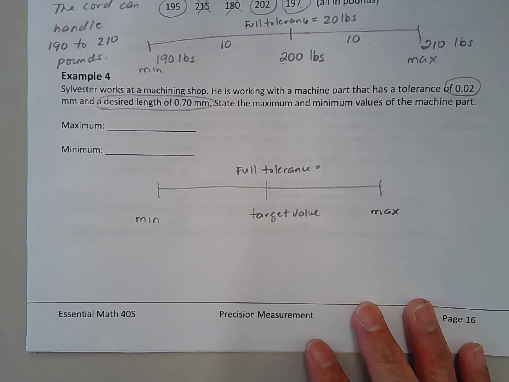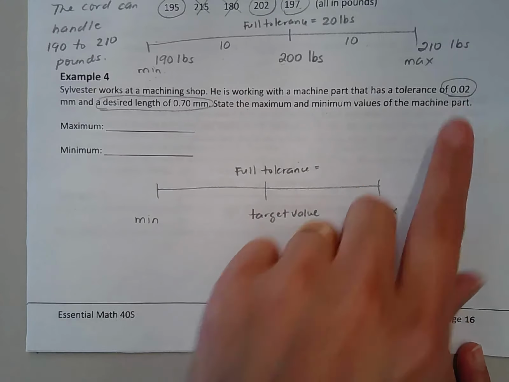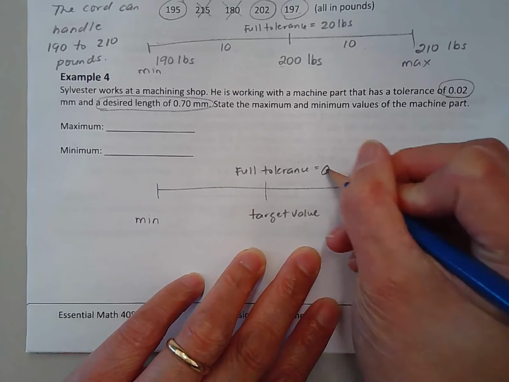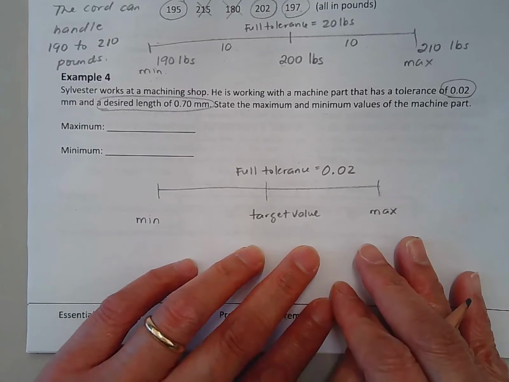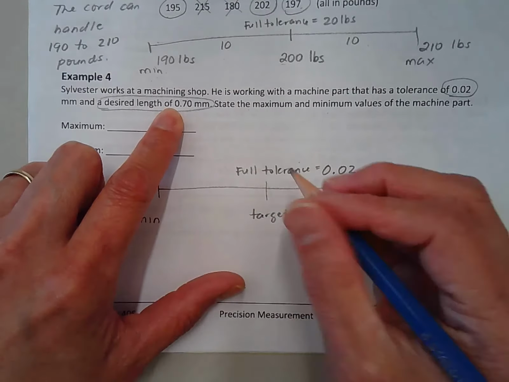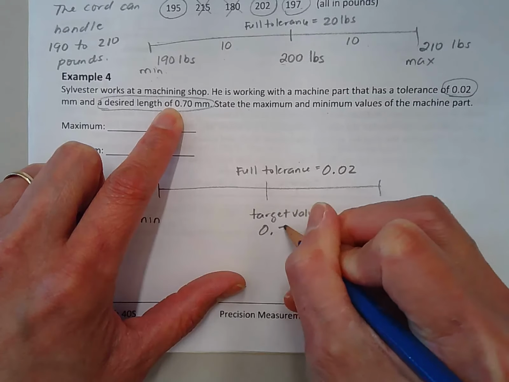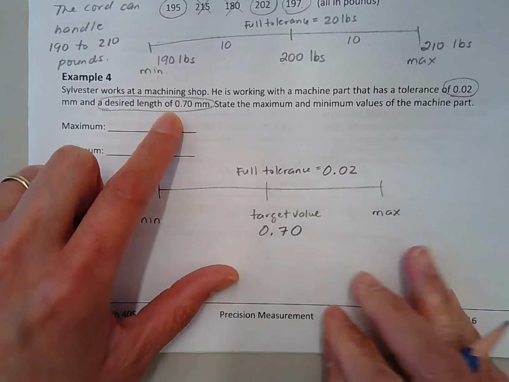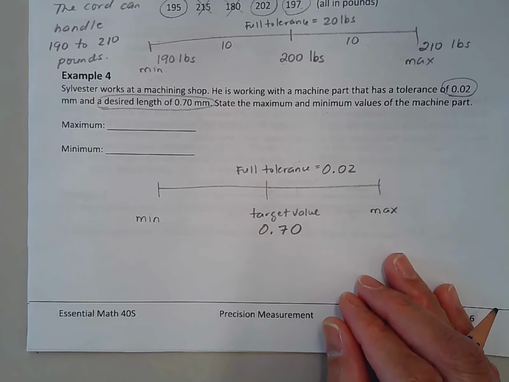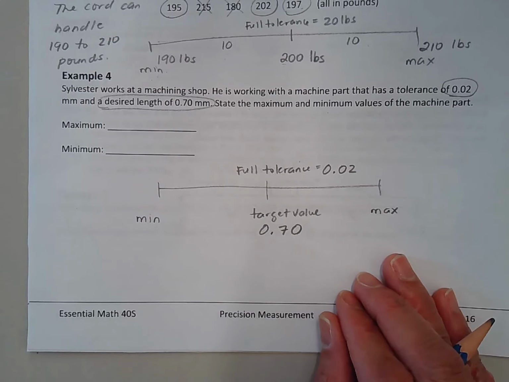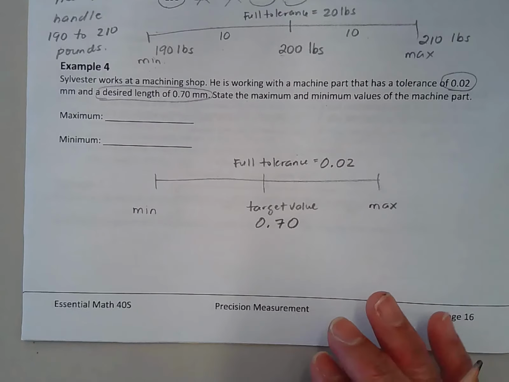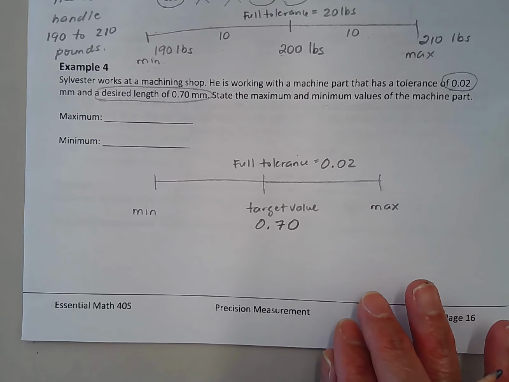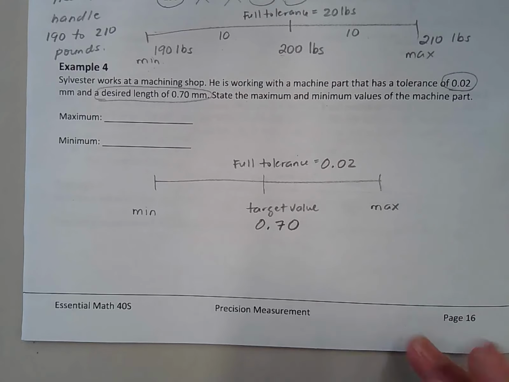We have a tolerance of 0.02. So that means this is 0.02. And we know that the desired length is 0.70 millimeters. So they're all millimeters.